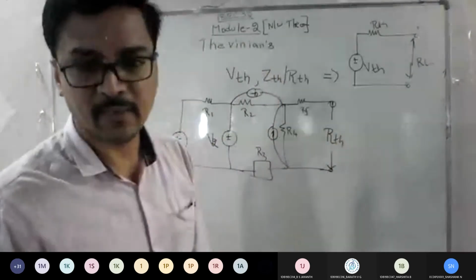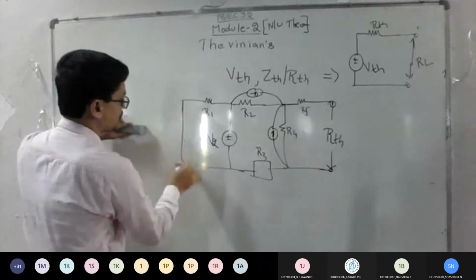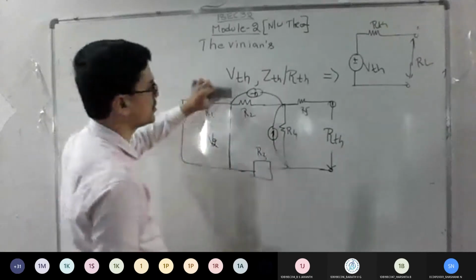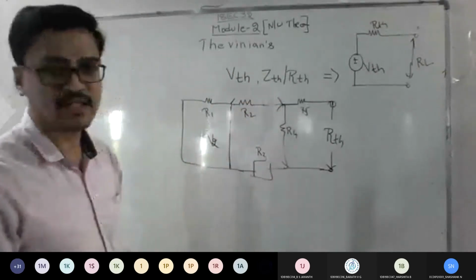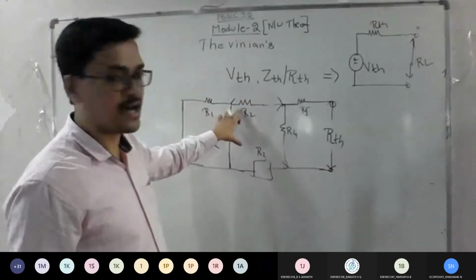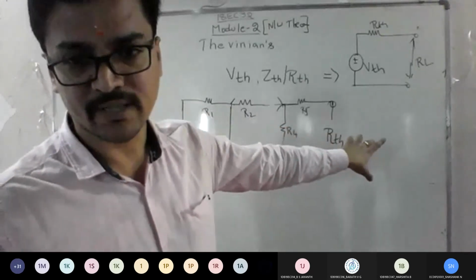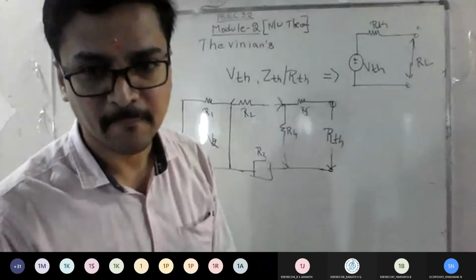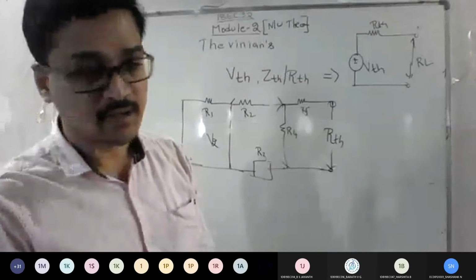Wherever voltage sources are there, short circuit them, and current sources, open circuit them. If you do like this, this parallel and series combination will give one equivalent R. Am I clear? Yes. So this is the way you need to solve.